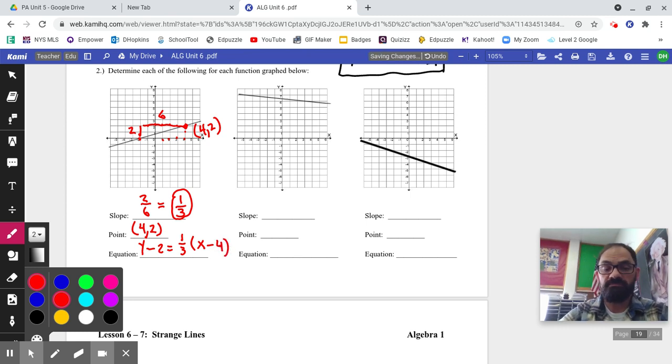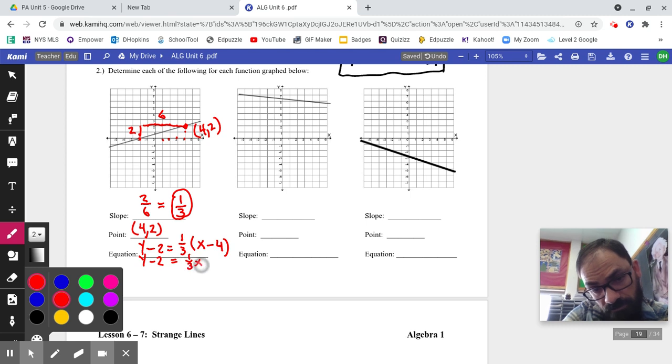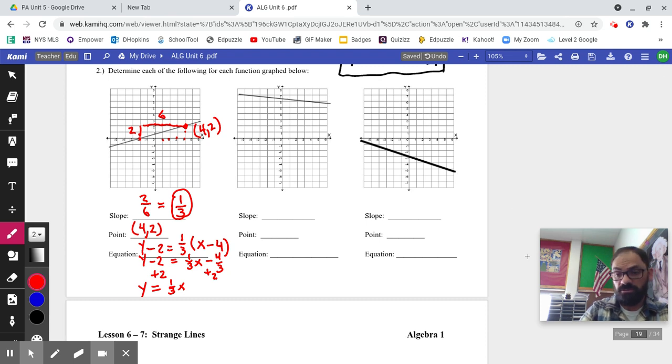Just like that. And I can simplify it, and add 2 to both sides. So y equals 1/3 x and negative 4/3 plus 2.